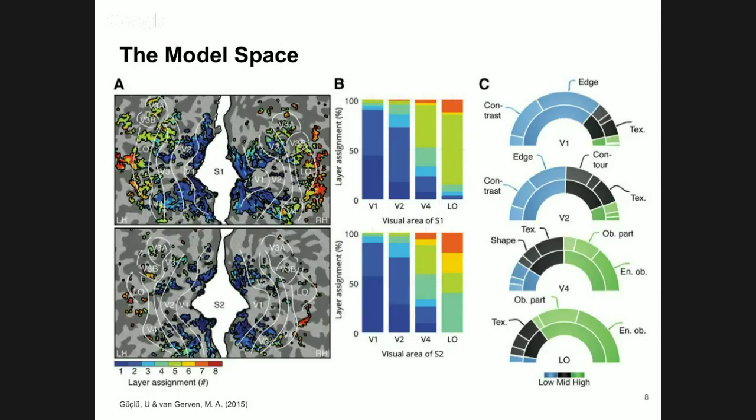So the V1 features are mostly within layers 1 and 2 because they are blue, and the LO features are mostly located in higher layers. So they claim that deep convolutional neural networks can account for this gradient of complexity of the voxels along the whole ventral stream quantitatively.